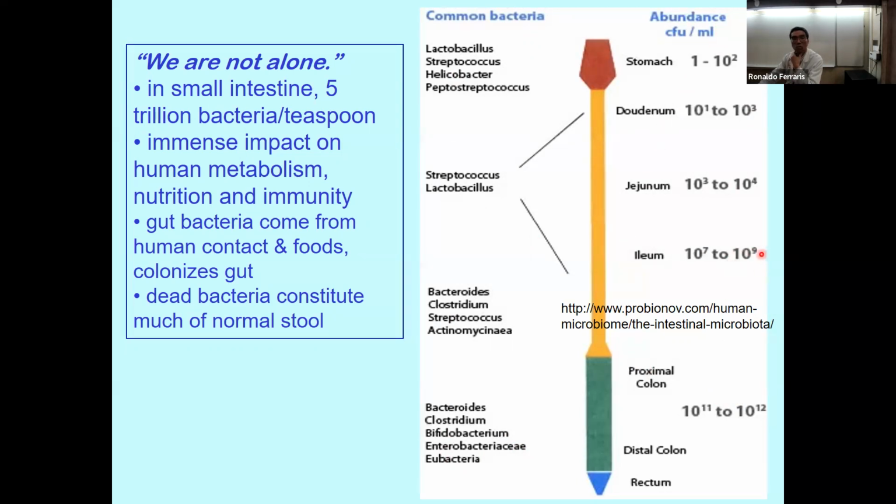You have trillions of bacteria per ml. No, sorry, billions. Okay, so I'm losing my exponentials here. So you have billions here. And then eventually in the distal colon, you can have trillions of bacteria per ml.